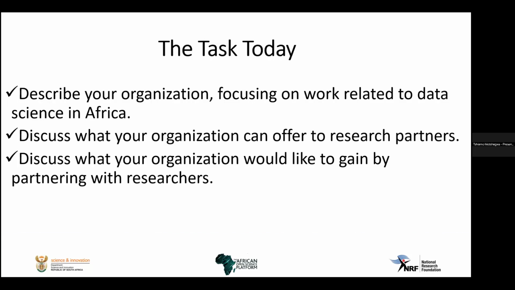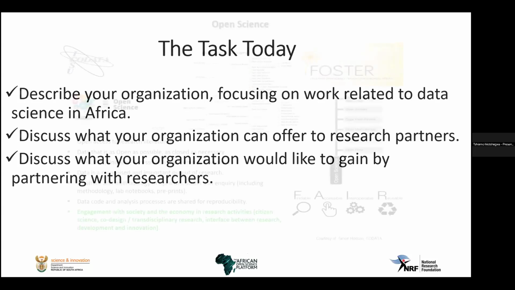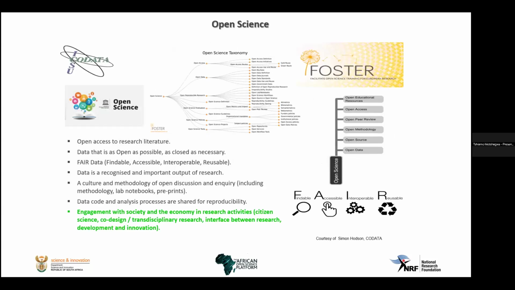So we were asked today to have inputs on those elements, and I'll try in my presentation to do exactly that. I don't want to dwell too much. All of you, I believe, know what open science is, but I think we need to emphasize that science must be science for transformation, and it must also impact society. So the open science agenda premises that at the very core, we are putting society at the center of all that we do.